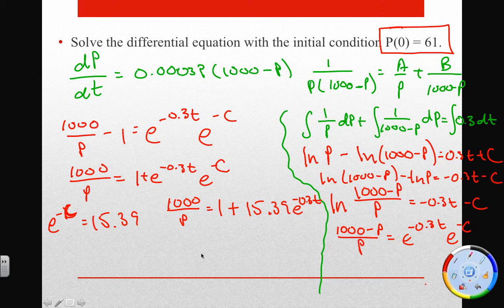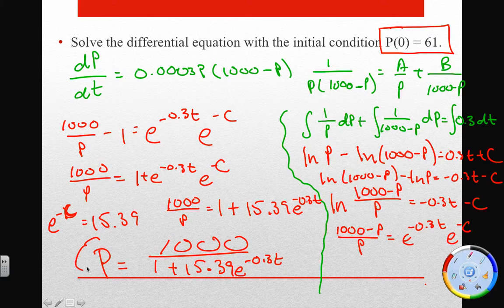I do a little trickery. I flip both sides and I multiply by 1,000. I finally get the logistic equation that you guys are used to. P equals 1,000 over 1 plus 15.39 e to the negative 0.3t, and we finally solved that problem.